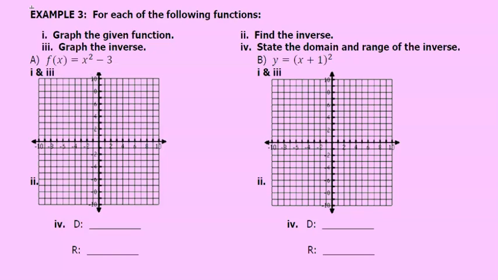So from the parent function x squared, it looks like it goes down 3. And we'll do that in this color. So we'll plot each point and then connect the points.